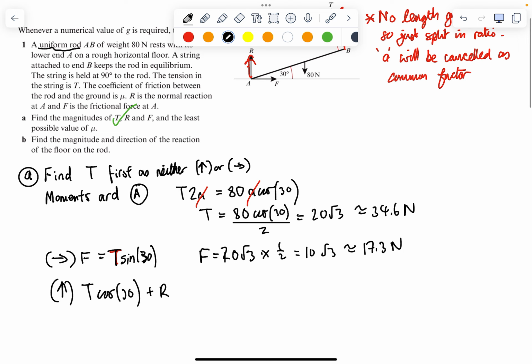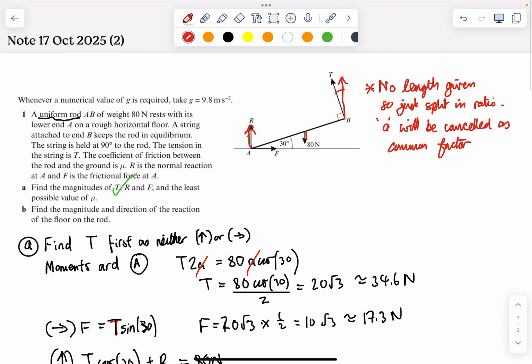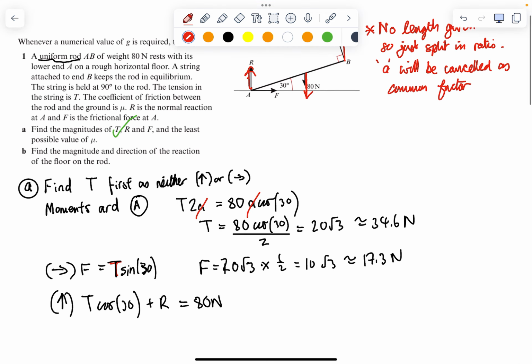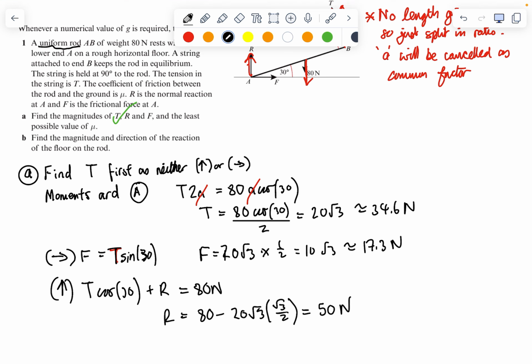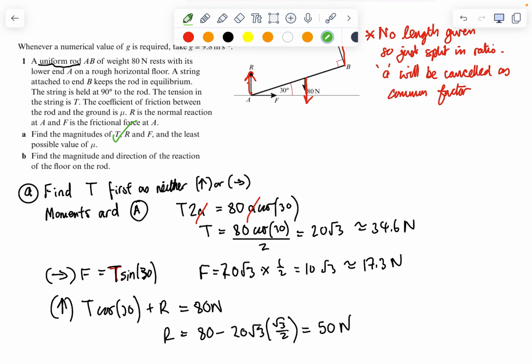So T cos 30 plus R is equal to 80 newtons, which is the gravitational force coming directly down. Okay, so now again, I'm going to rearrange that. I've got R is equal to 80 minus T, which we said was 20 root 3, multiplied by cos 30, which is root 3 over 2, and I get 50 newtons. So that's R taken care of.